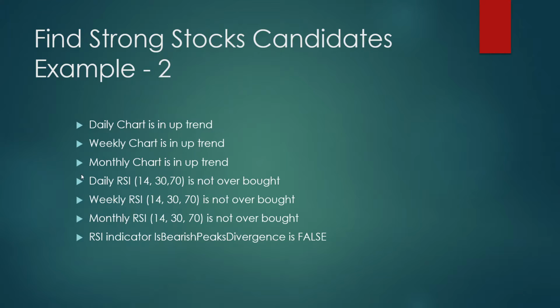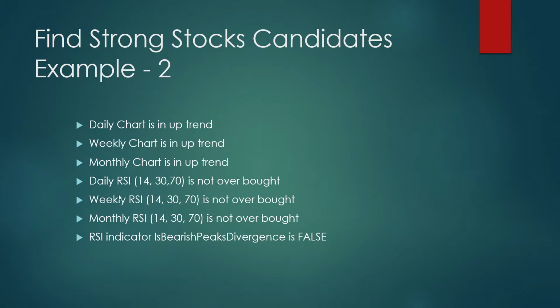So we are adding extra conditions here. Daily RSI with 14, 30, 70. The 30 means oversold, and 70 is our overbought value. So daily RSI must not be overbought.